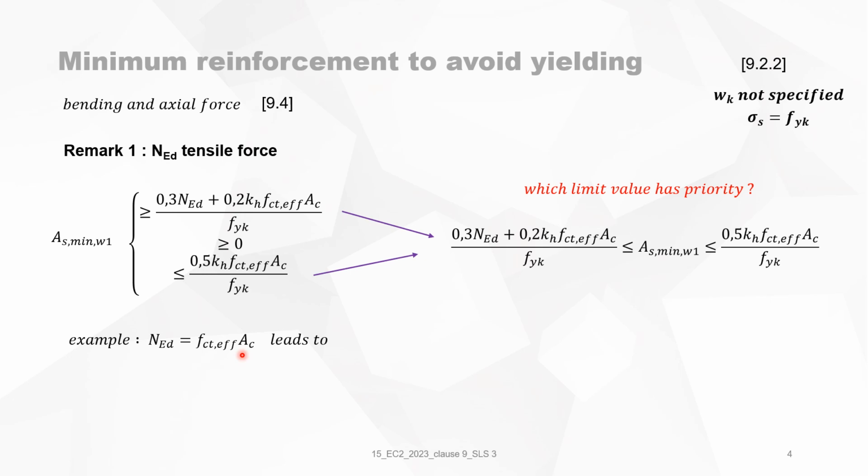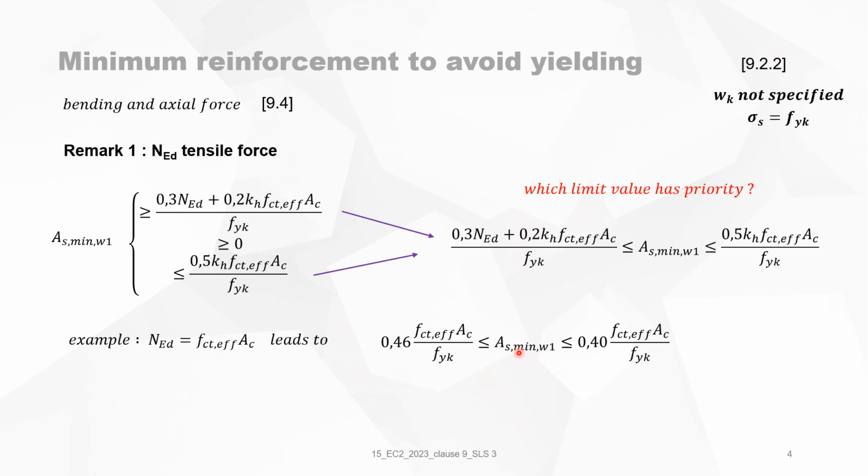It's NED equal to the cracking tensile force of the section. Now, when you put this value into the formula, it will lead to an absurd formulation, which means that As,min must be bigger than 0.46 times this, but must be smaller than 0.46 times this, which cannot be true.